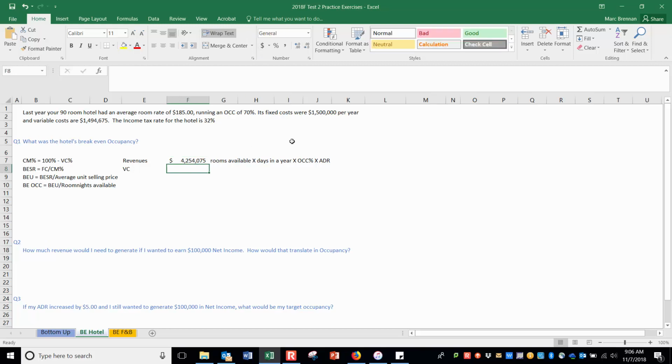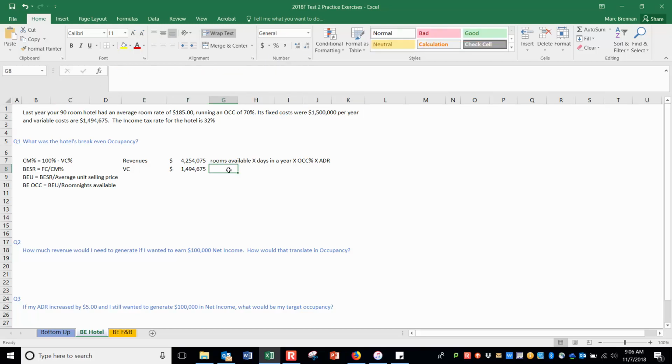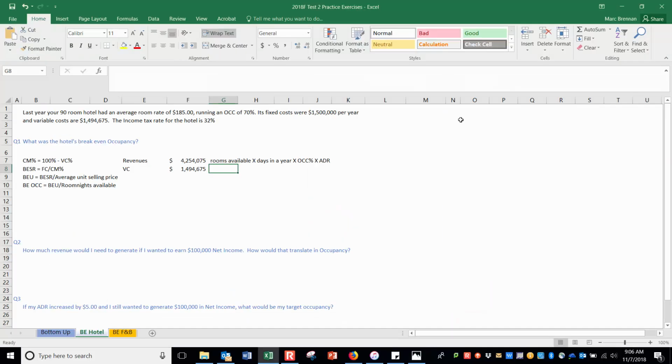Now, variable costs were $1,494,675. That's just a number that's given right here. Now, if I have that, I can figure out my variable cost percentage, just like we did for common size percentage.